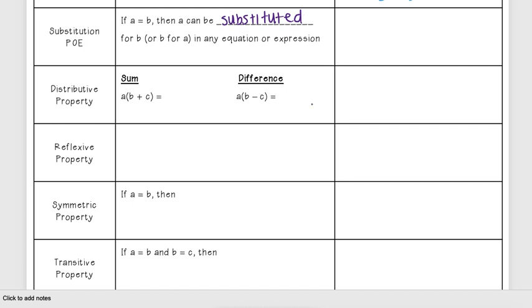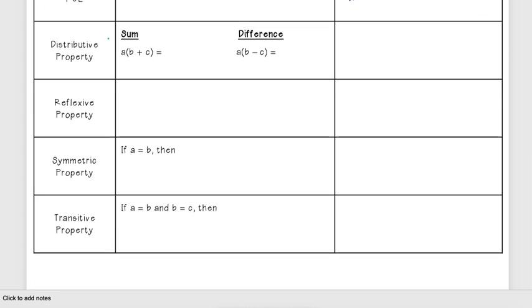So for example, let's say I had that y is equal to 2x plus 3, and then I told you that x is equal to 2. Well then, therefore, I could go ahead and plug in 2 for x, and that would be substitution. So this plus this leads me to this conclusion.